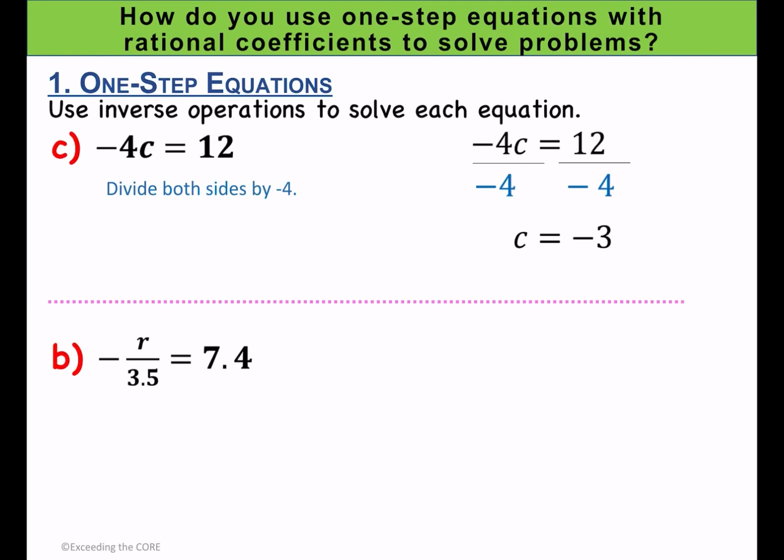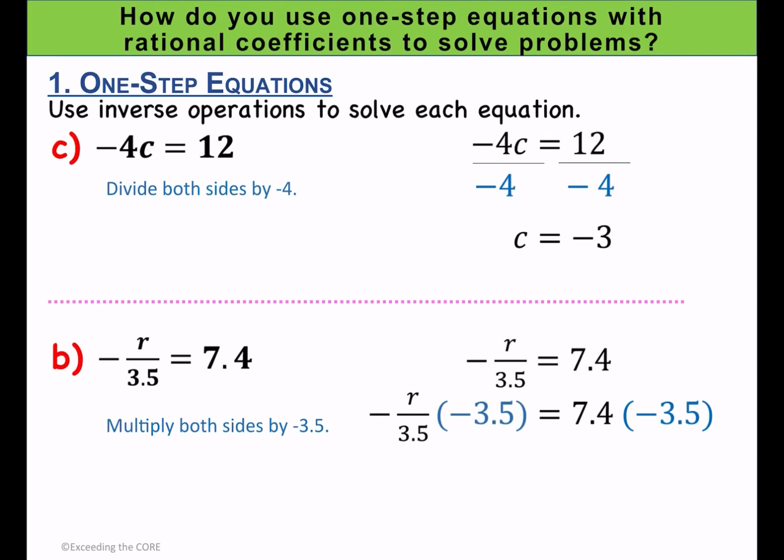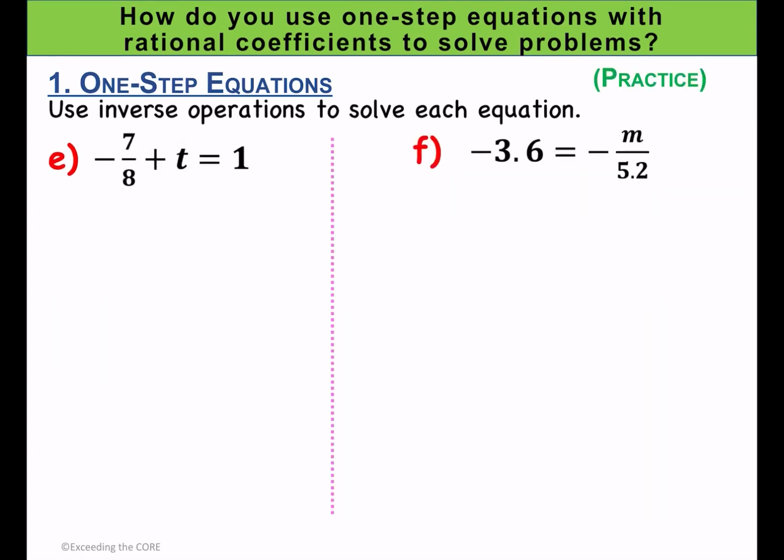And on this next one, again, I want to get r by itself, and it's division, so I need to get rid of the negative 3.5. With division, the inverse would be multiplication. So I'm going to multiply both sides by negative 3.5, which gets r by itself, and then ends up being negative 25.9.